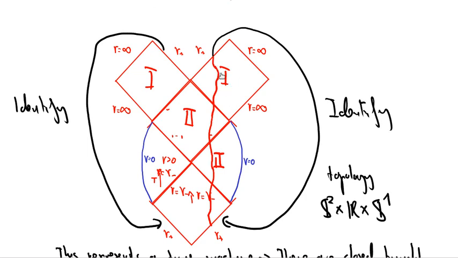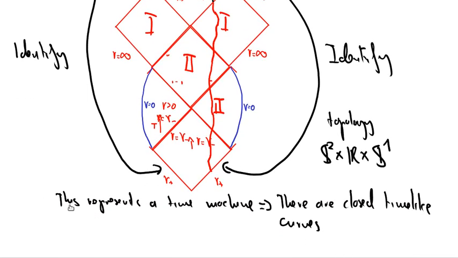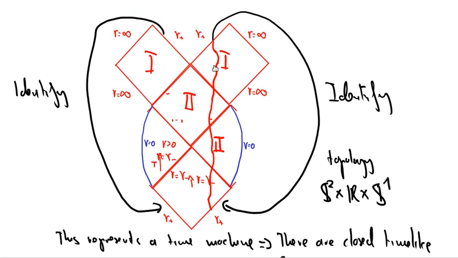Given that we have an identification, this time-like curve is indeed a closed time-like curve, because this curve follows the S1 of the topology. Okay, so this is indeed a time machine. We could think of this extension of the Reissner Nordström black hole as a time machine. Of course, it's not clear how to build such a device in reality.